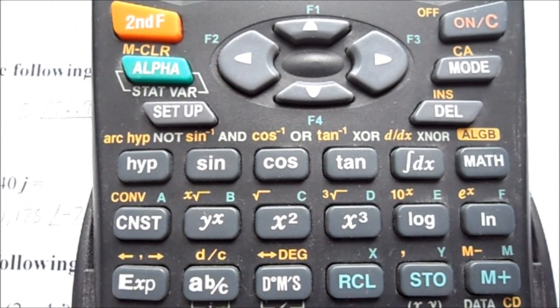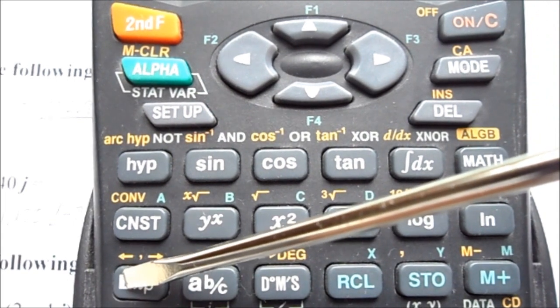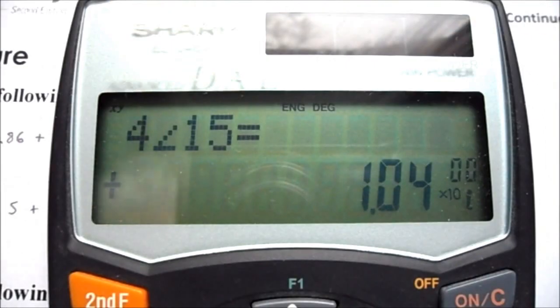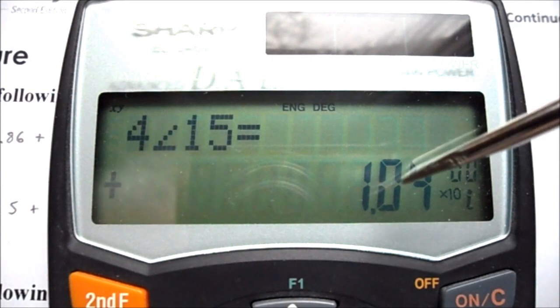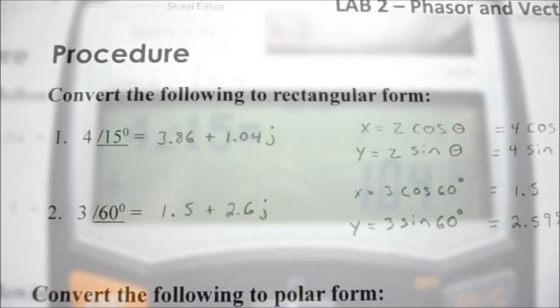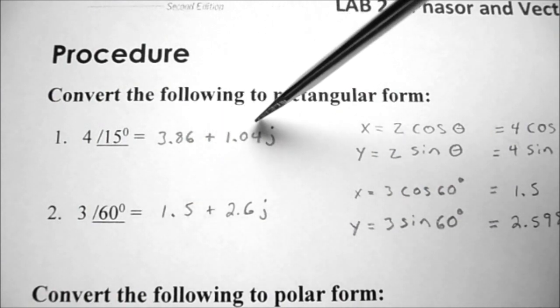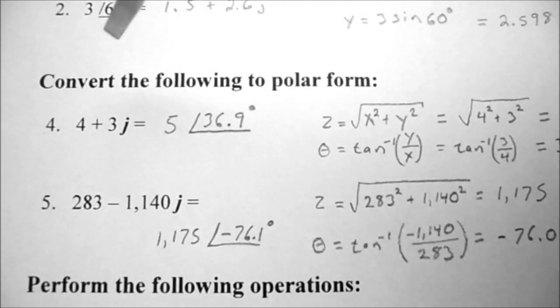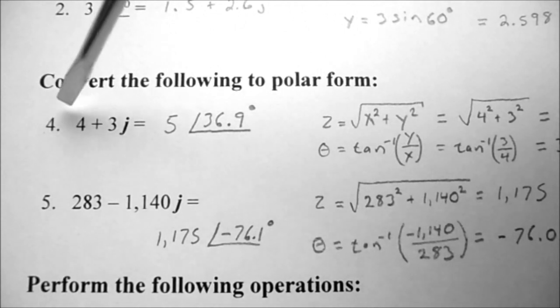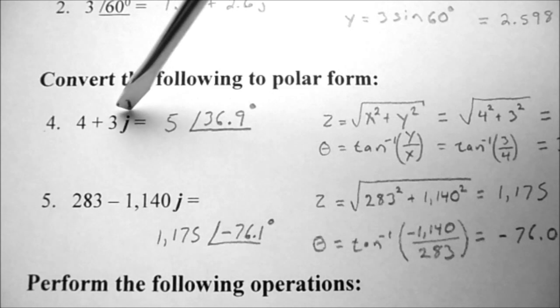Then I press the second function key and exponent. And the calculator gives me 1.04 i, which is identical to the answer that we've got under Procedure, Step number 1.